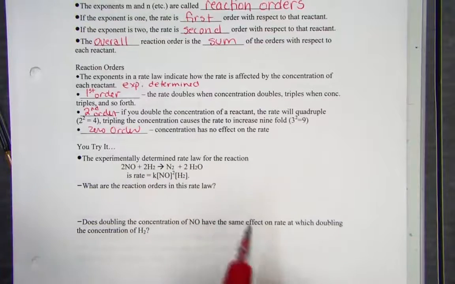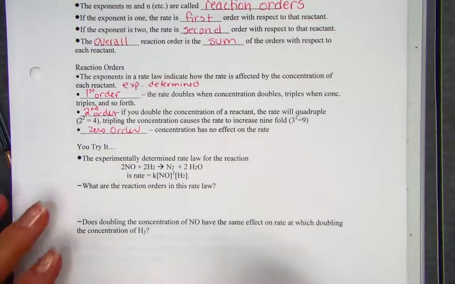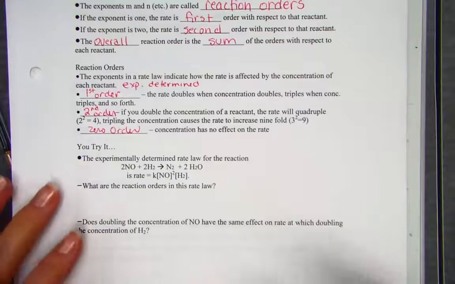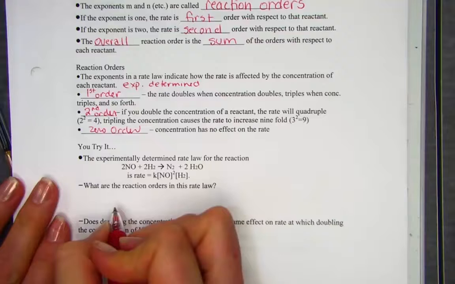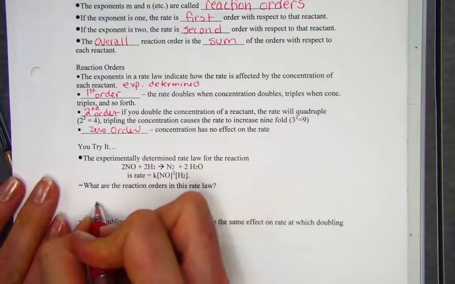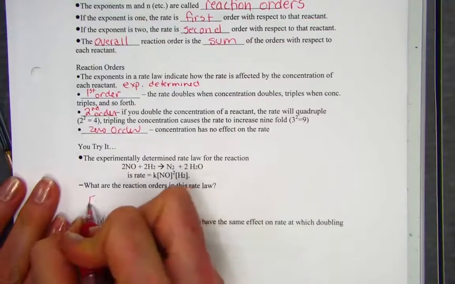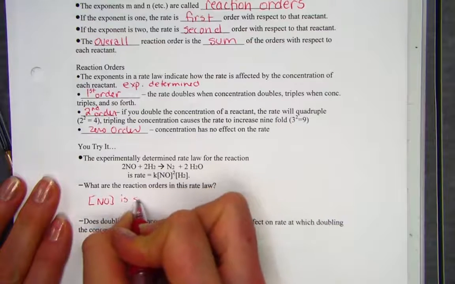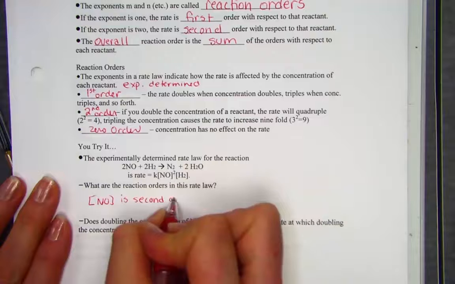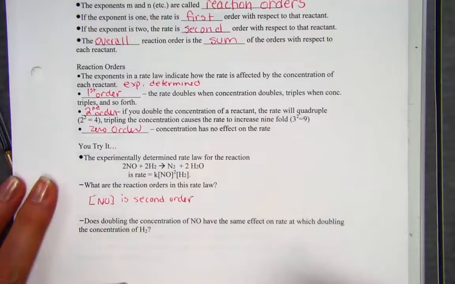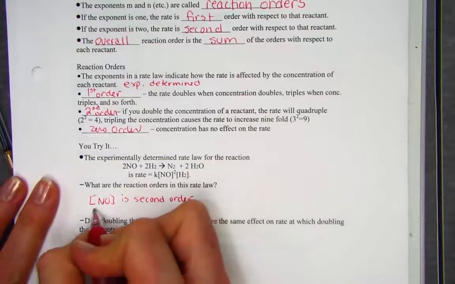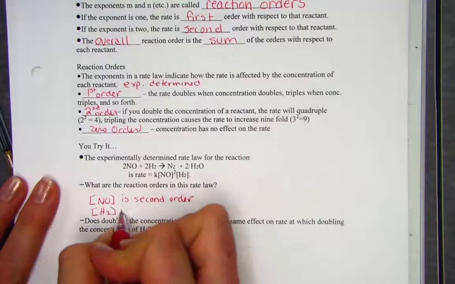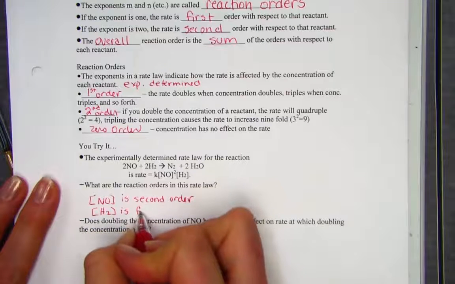So again, just stressing stoichiometry has nothing to do with the rate law. We would say, with respect to NO, it is second order. With respect to hydrogen, that's first order.